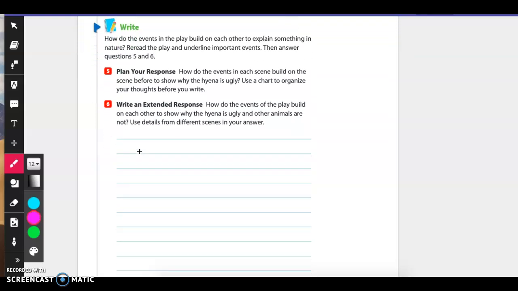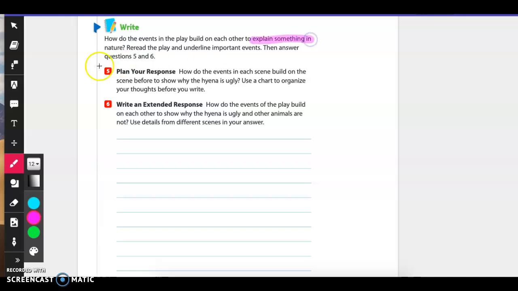Now you get to the right portion of this activity. How do the events in the play build on each other to explain something in nature? Reread the play and underline important events. Then answer questions 5 and 6. So how do the events in the play build on each other to explain something in nature?